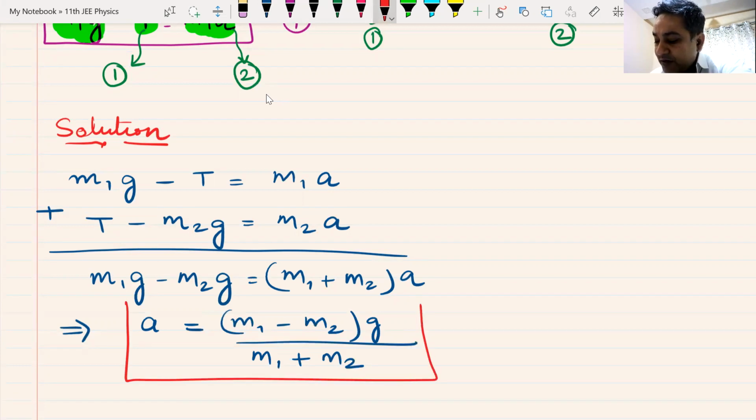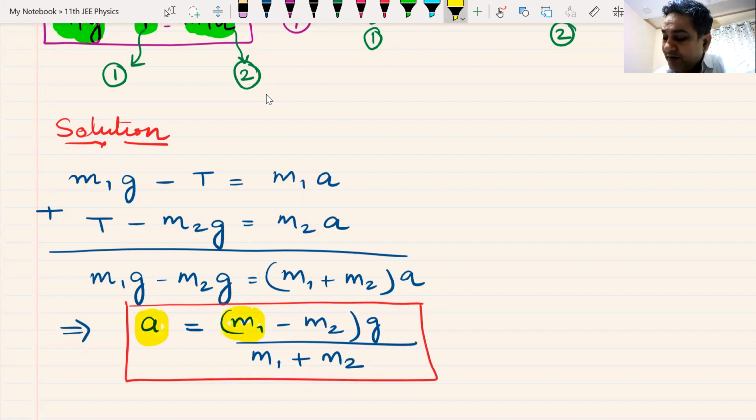That becomes my a. It might look very complicated because it is written in the form of m1, m2, g, but if I put values here, it becomes very simple.